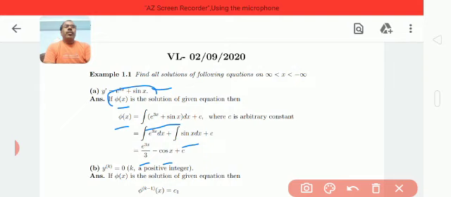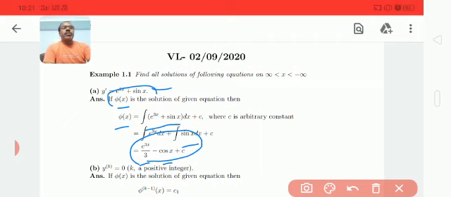So for all values of x, the solution of this differential equation is phi of x is equal to e to the power 3x upon 3 minus cosine x plus constant of integration.